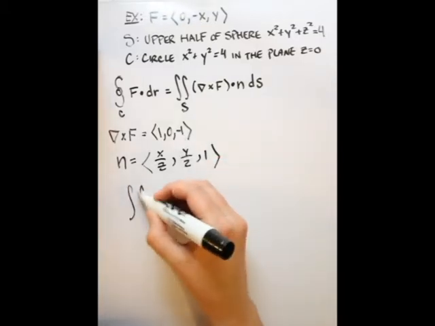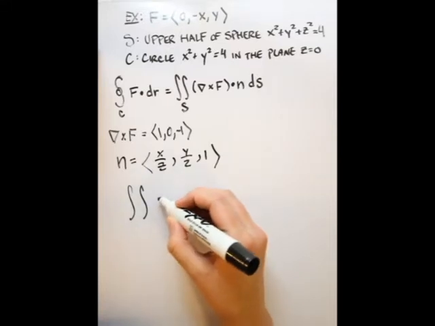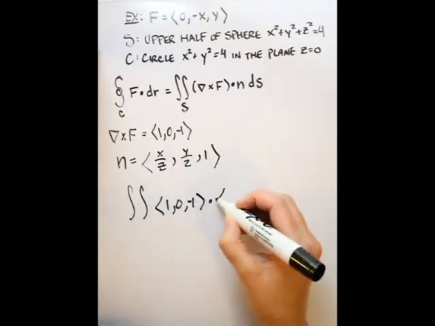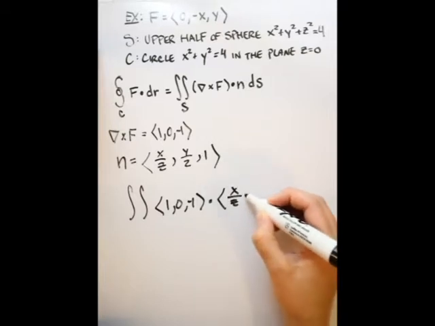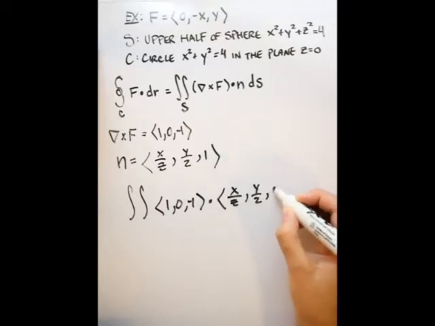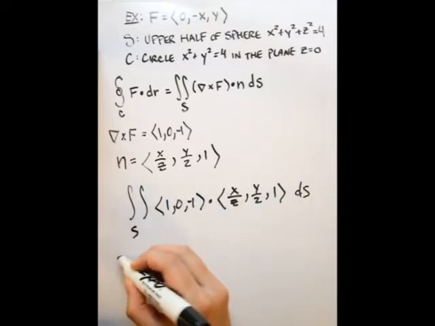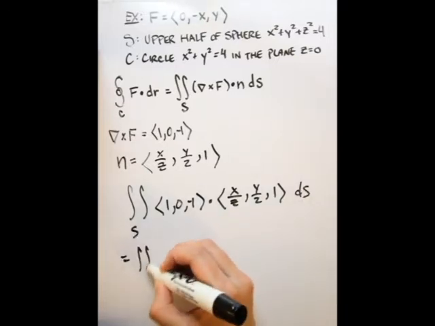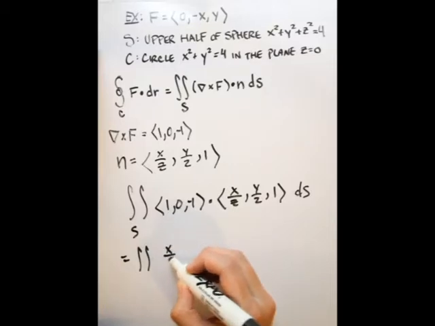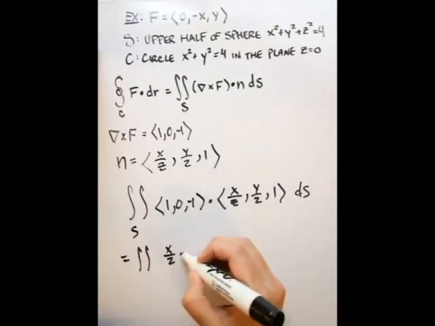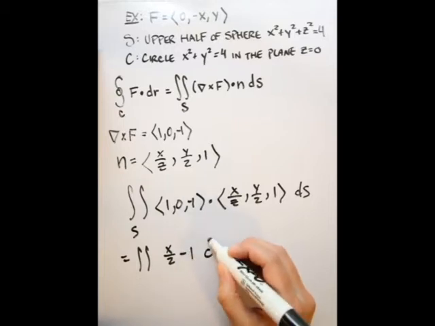We have the double integral of 1, 0, negative 1 dotted with x over z, y over z, 1. As a result, the double integral is x over z plus 0, and then negative 1 times 1, so minus 1.